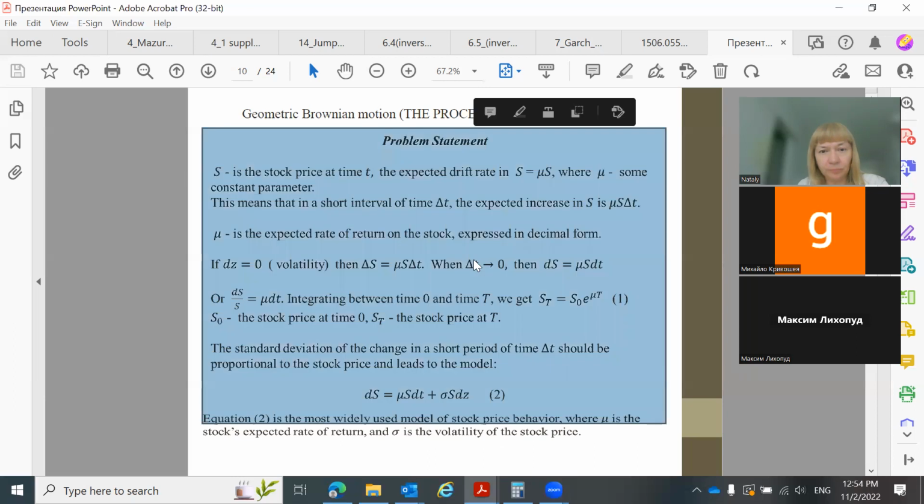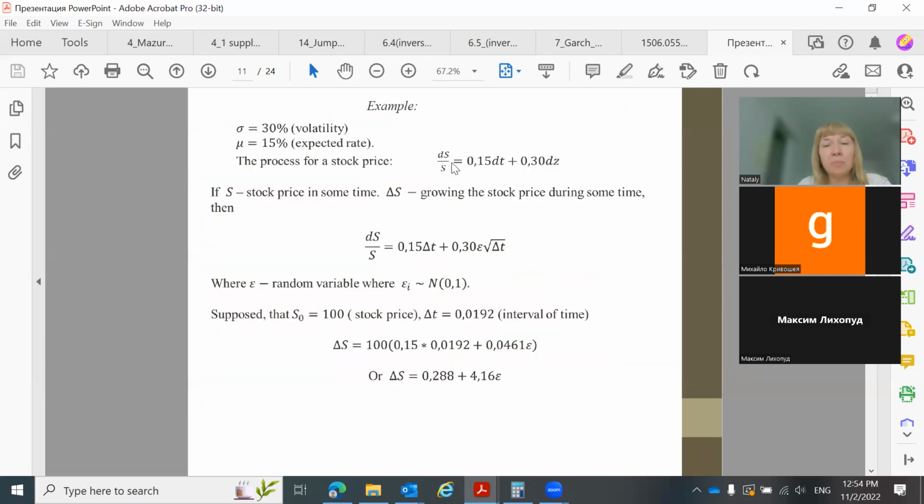So, for example, how we can use this, for example, for economical aims. If we know volatility for some stocks of any company, if we know expected rate, for example, 15%, so we can substitute this value in our geometrical Brownian motion.